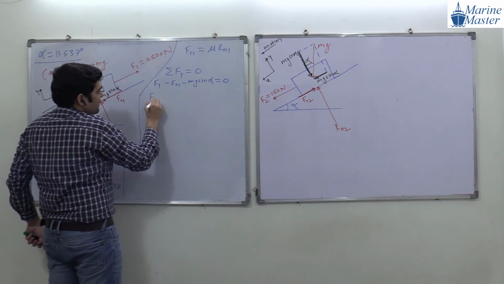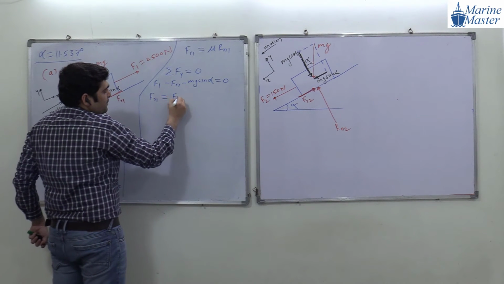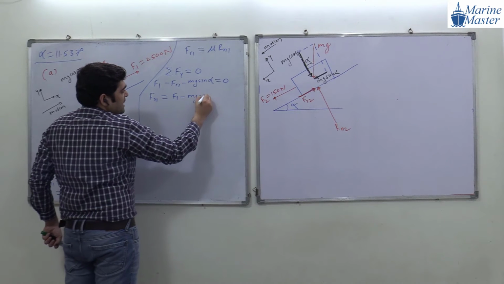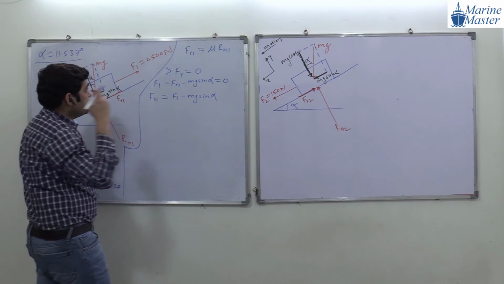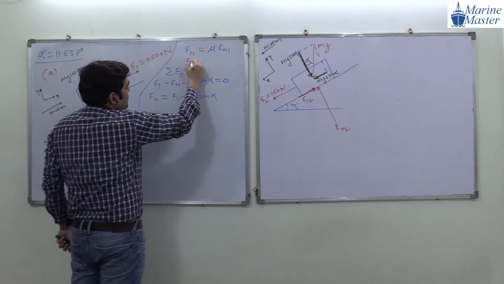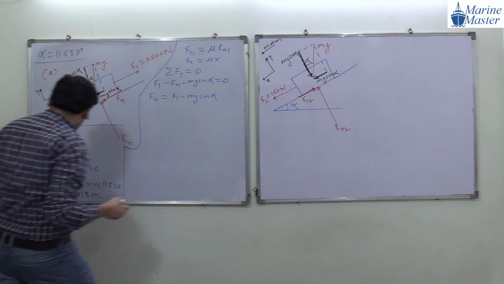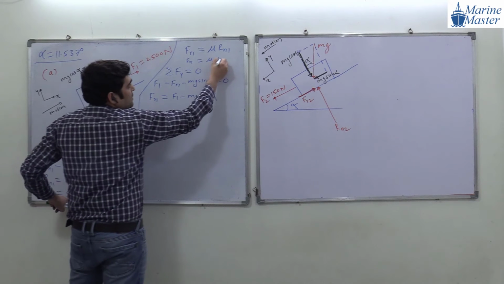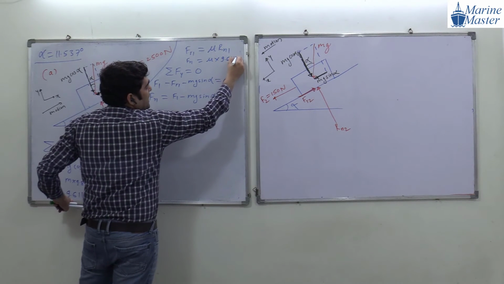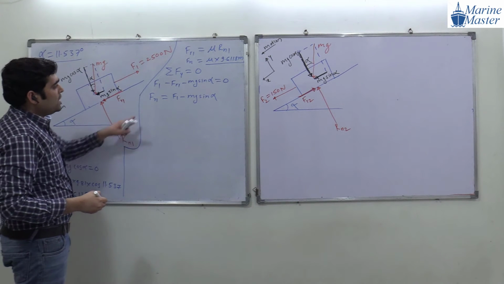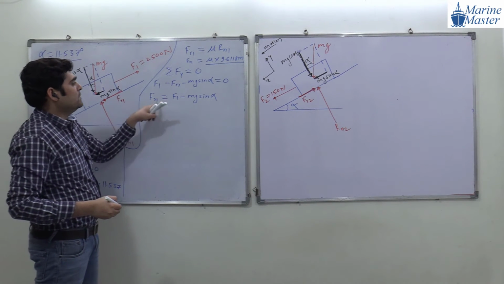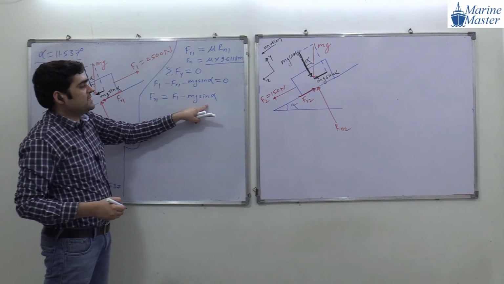So Fr1 will be equal to F1 minus mg sin alpha. And Fr1 is also mu into Rn1, which is mu times 9.6118 m. M is a mass, not a meter. So we got Fr1 in terms of F1 minus mg sin alpha.